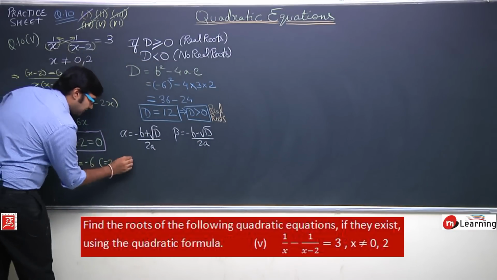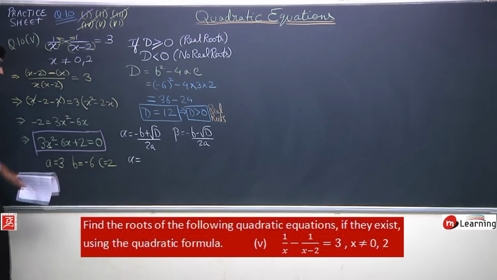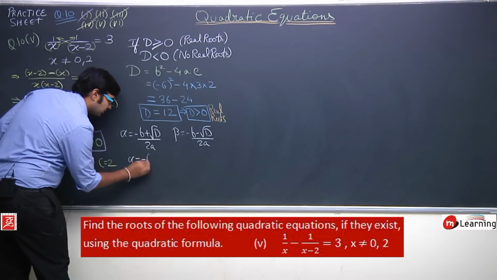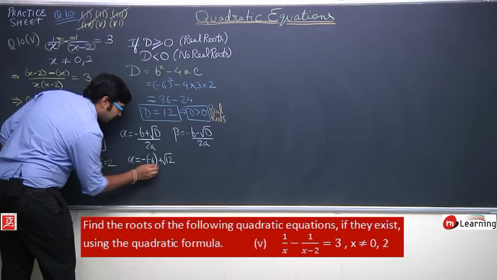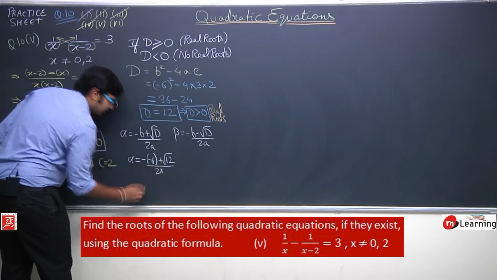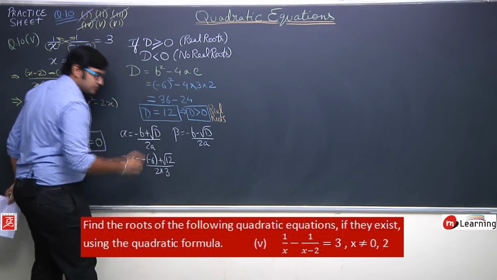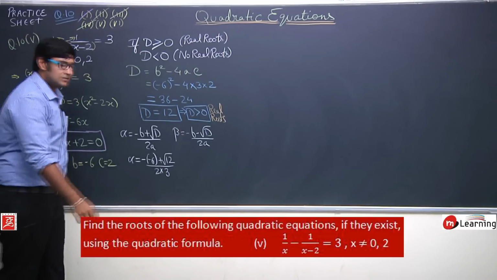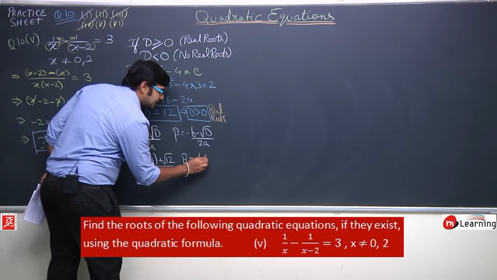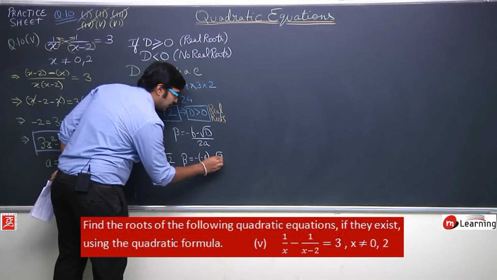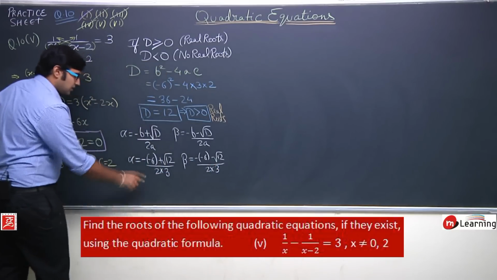So alpha is equal to minus b, means minus of minus 6, plus root of 12 upon 2 into what is a? a is 3. So in place of a I will write 3. Similarly for beta I can write it as minus of minus 6 minus root 12 divided by 2 into 3.